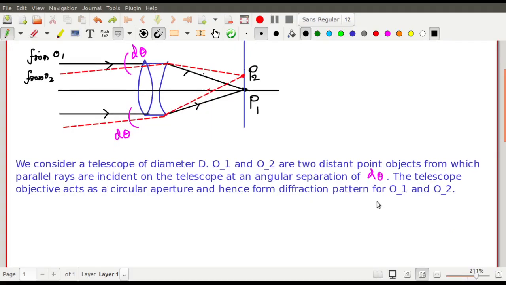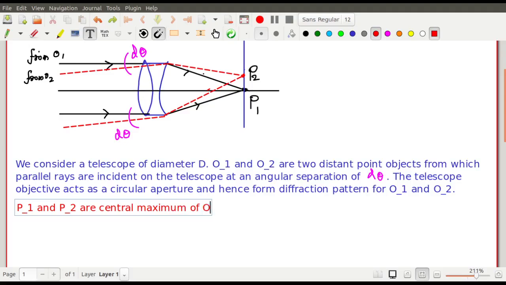এখানে লিখে দিচ্ছি, P1 and P2 are the position of this maxima actually.